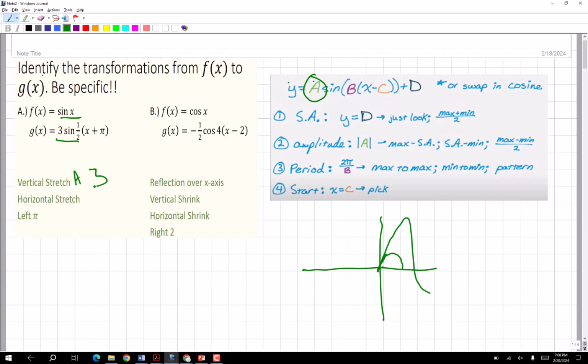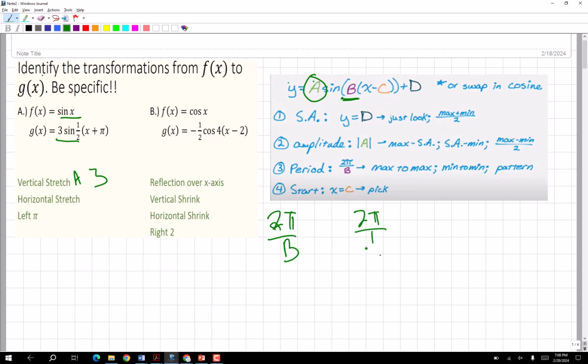Okay, the horizontal stretch, right? Horizontal stretch is the period. Because the period is 2 pi over B, and what I have for B is 1/2, then I have 2 pi over 1/2 equals the period, right?